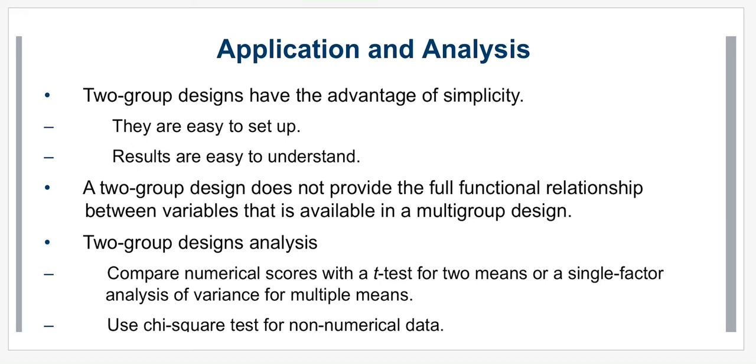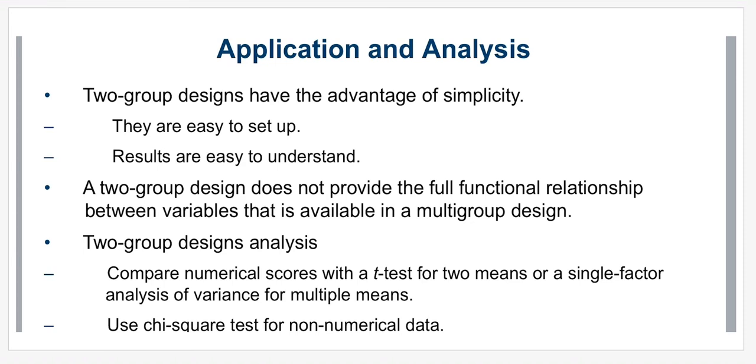If there's more than two conditions or groups, you would use the ANOVA, and the t-test is for two. And this would be either independent t-test or independent ANOVA, or repeated measures t-test or repeated measures ANOVA, depending on whether it was between subjects or within subjects.